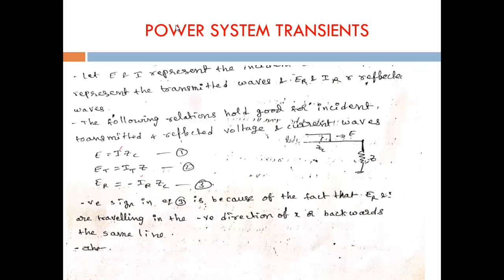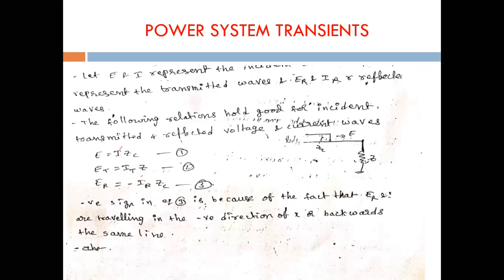Okay, this is the equation for the normal voltages for an incident wave, transmitted wave and also the reflected wave. In the reflected wave we take the negative sign. Why? Because the negative sign means the traveling wave is in the negative direction of x, that is, backwards along the line.